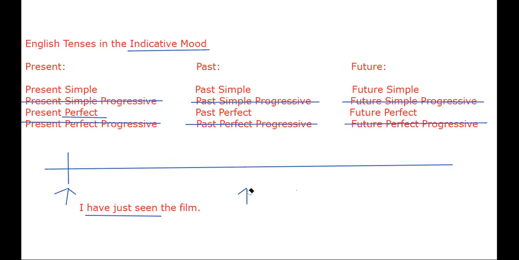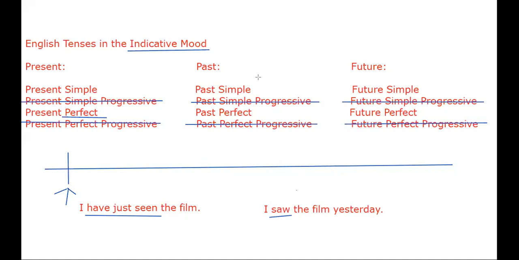Because again, that's what the simple aspect does. To provide an example of how the past simple works and how it cannot be used the same way as the present perfect: I saw the film yesterday. So here we have the past simple, saw.